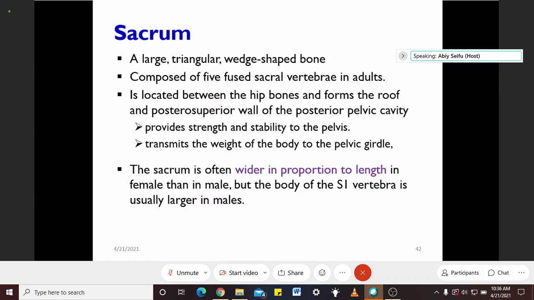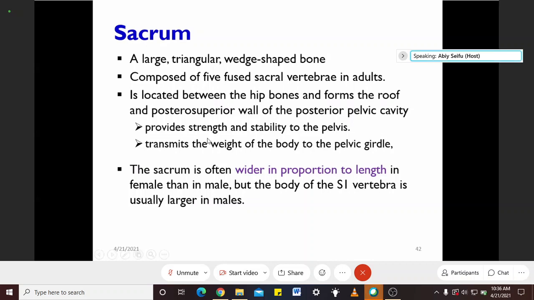And the sacrum also participates in the formation of the pelvic girdle. Pelvic girdle means a bony ring, as the name tells. Anterolaterally, the girdle is formed by the hip bones, whereas posteriorly it is completed by the sacrum.